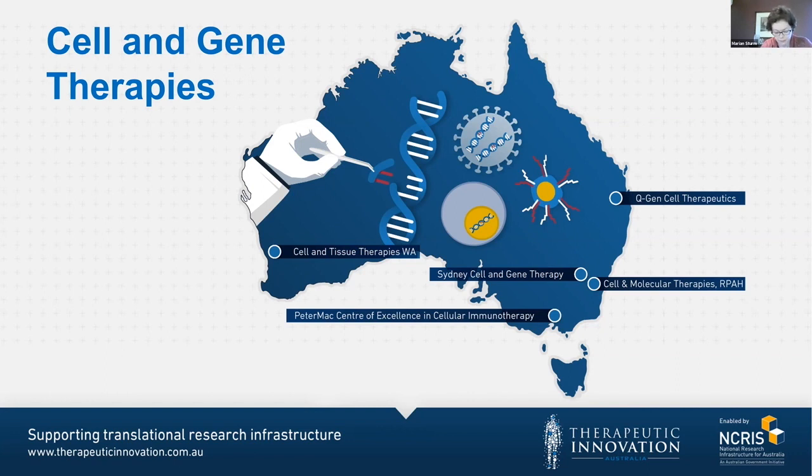Since many of the facilities are embedded in hospitals, oversight from the collection of the starting material or tissue through to the clinical administration of the products can be part of the facility's activities, and also includes institutional and commercial clinical trial work associated with these emerging therapies.